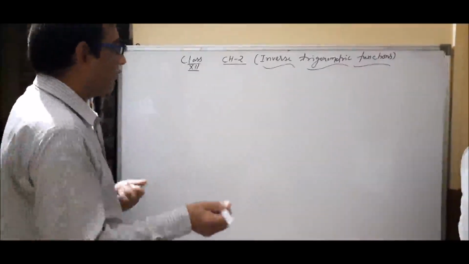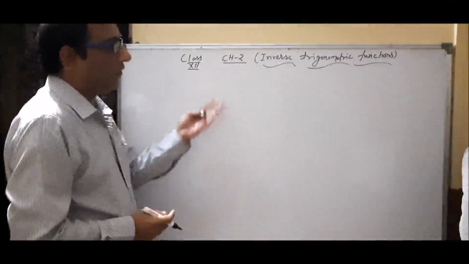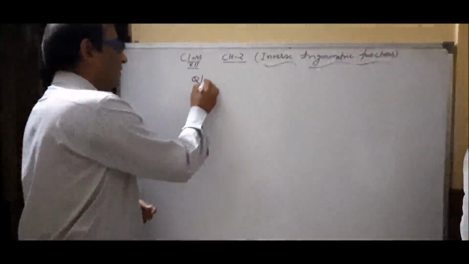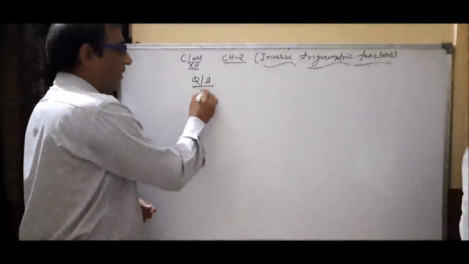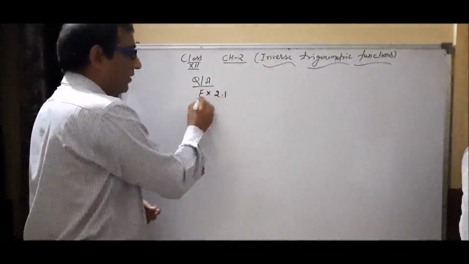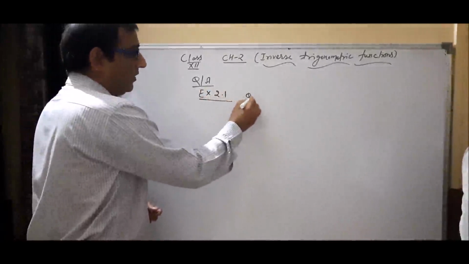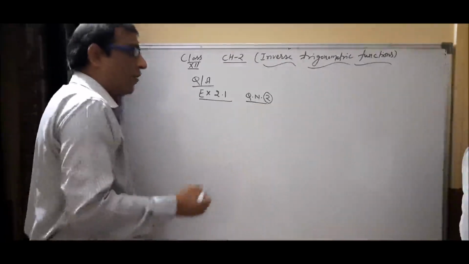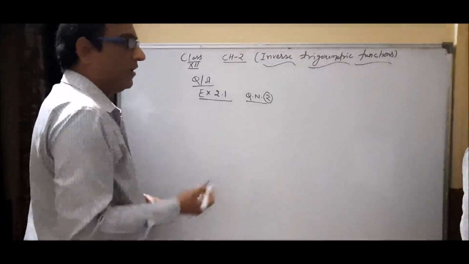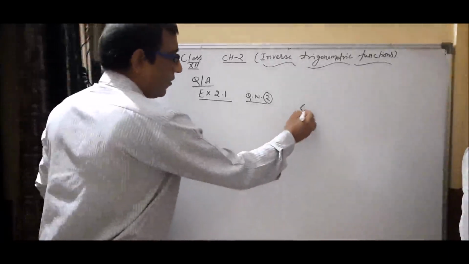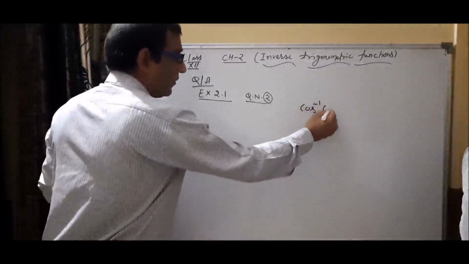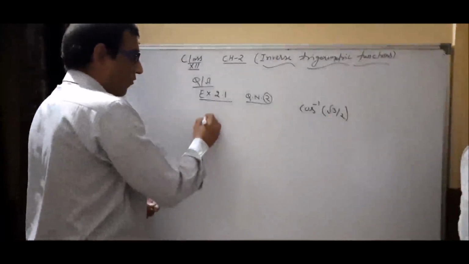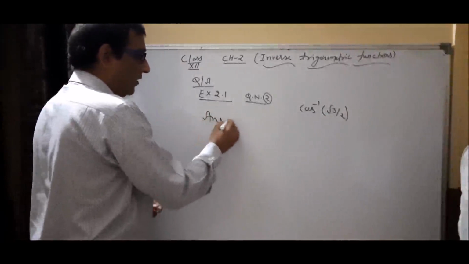Now I am continuing with some questions and answers of inverse trigonometric function. So first we start with exercise 2.1, and I am taking question number two, and the question is how can we find the value of cos inverse root 3 by 2. So how can we give the answer?